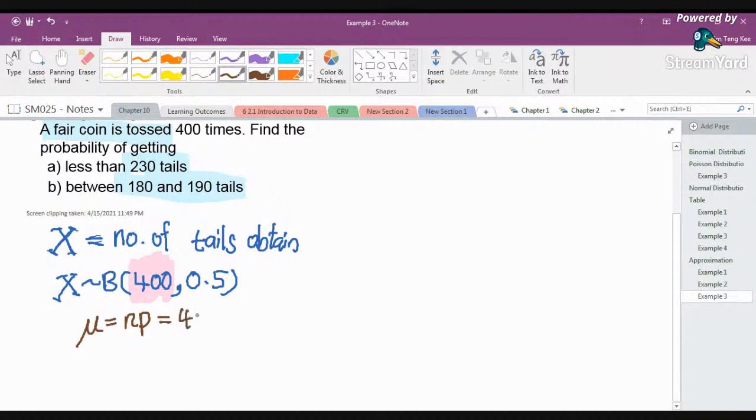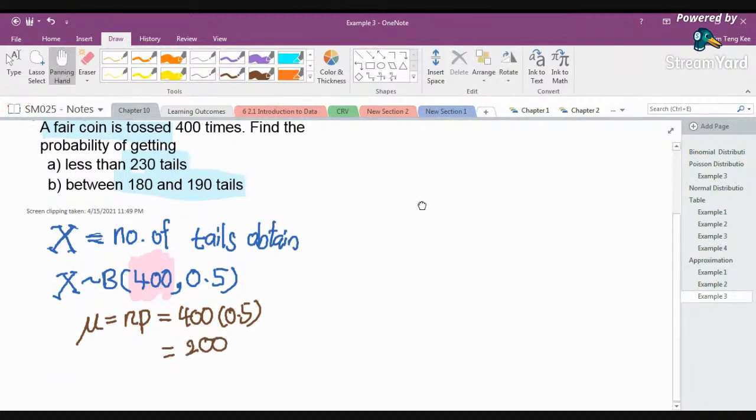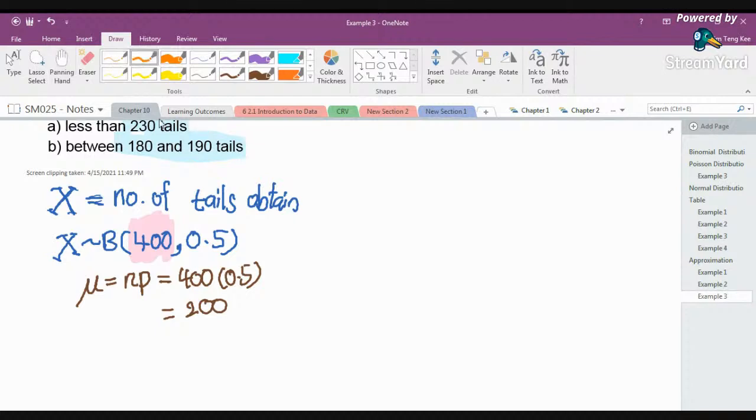We have 400 multiplied by 0.5, and the answer is 200. So, guys and girls, 200. Therefore, this is obviously greater than 5.